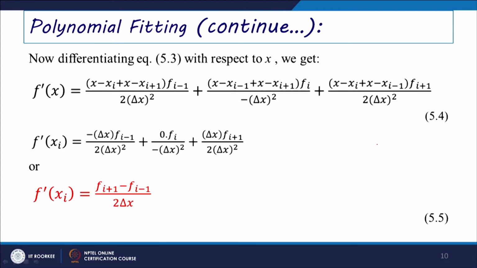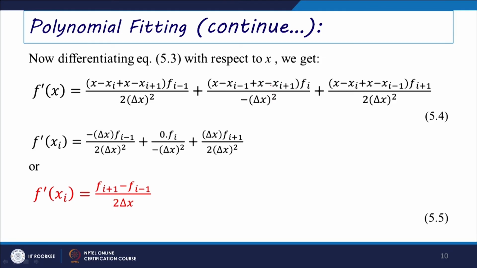Then we can write f dash of xi, where the 2x terms appear, and all the terms with the minus sign can cancel out.